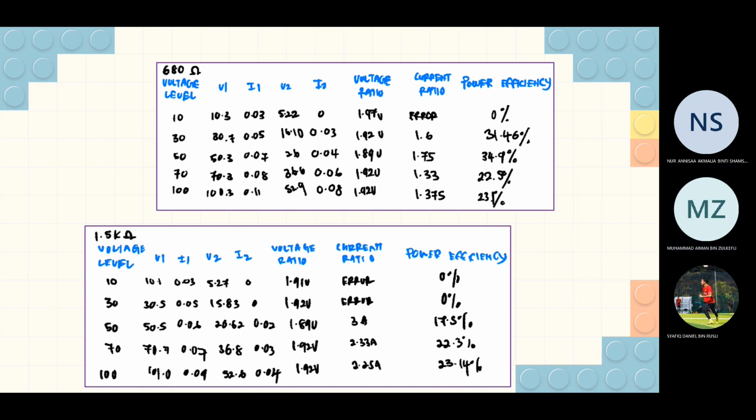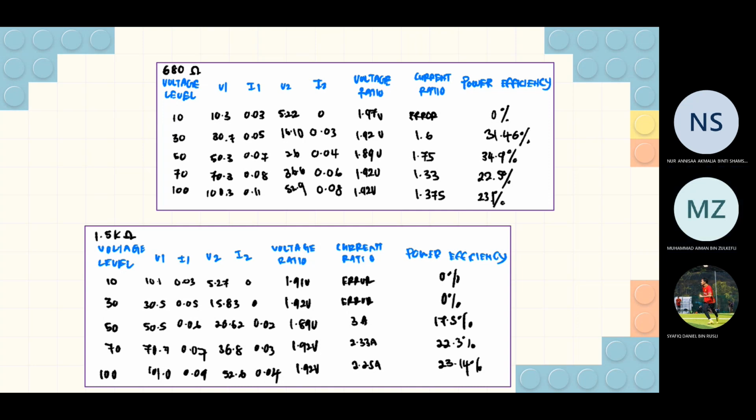So we will move to voltage level 50, V1 we get 50.5, I1 0.06, V2 26.62, I2 0.02, voltage ratio 1.98, current ratio 3, power efficiency 17.5%.